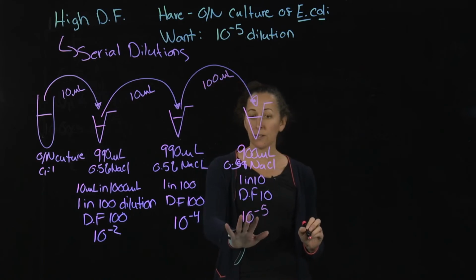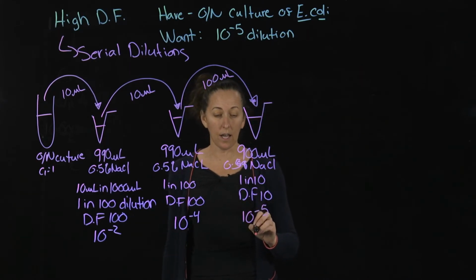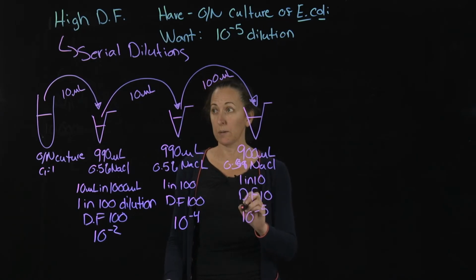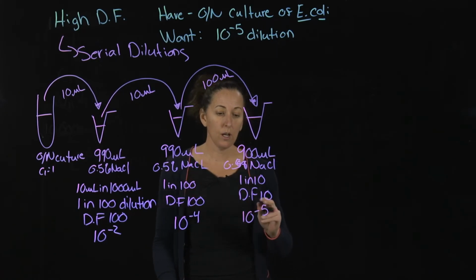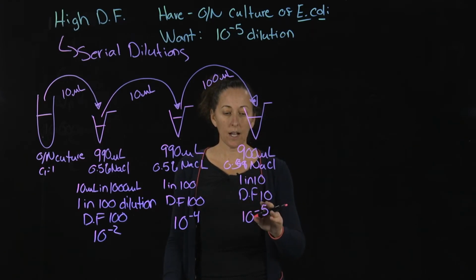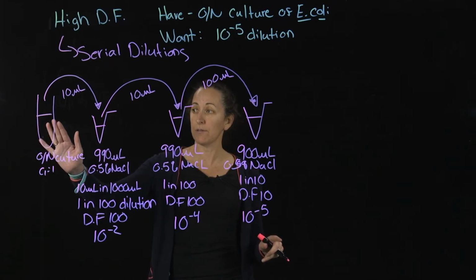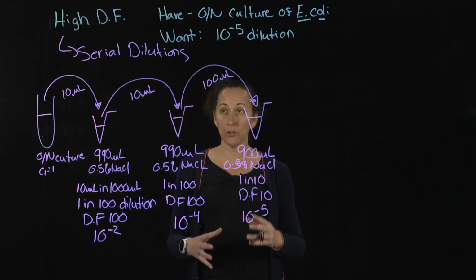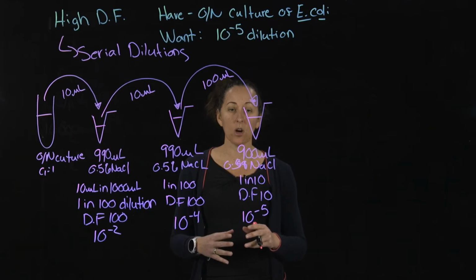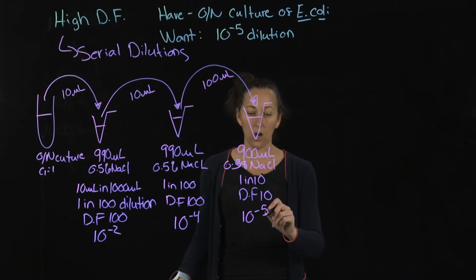So this is where we want to be for our dilution. You guys will be doing this in class, so you need to be able to understand how to do this. The reason we dilute like this is because if we plated cells right from this tube onto one of our plates, we would get too many colonies to count. We need to dilute so that we can get individual colonies.